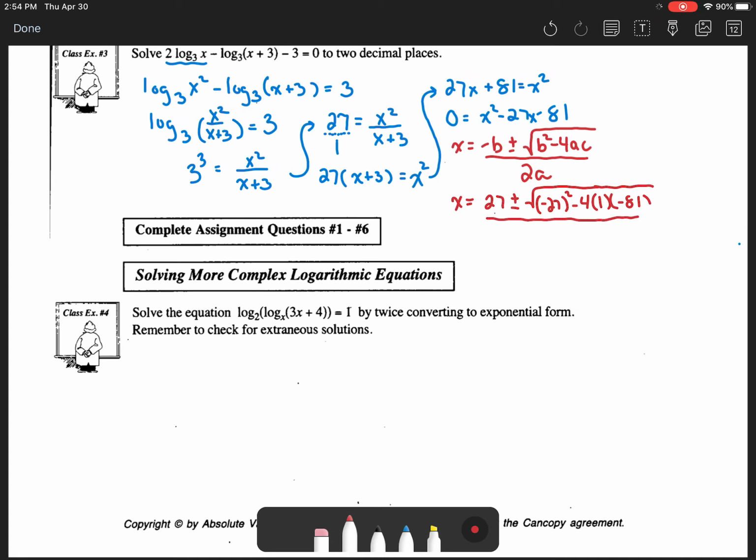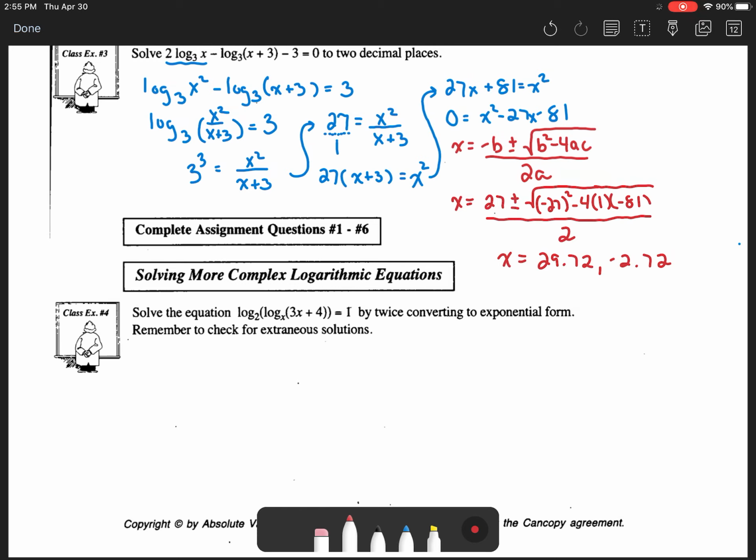And then you're dividing all by 2 times a, which is 2 times 1 in this case, which is 2. When you do those calculations, you will see that you end up with x equaling 29.72 and negative 2.72. So again, two potential solutions.